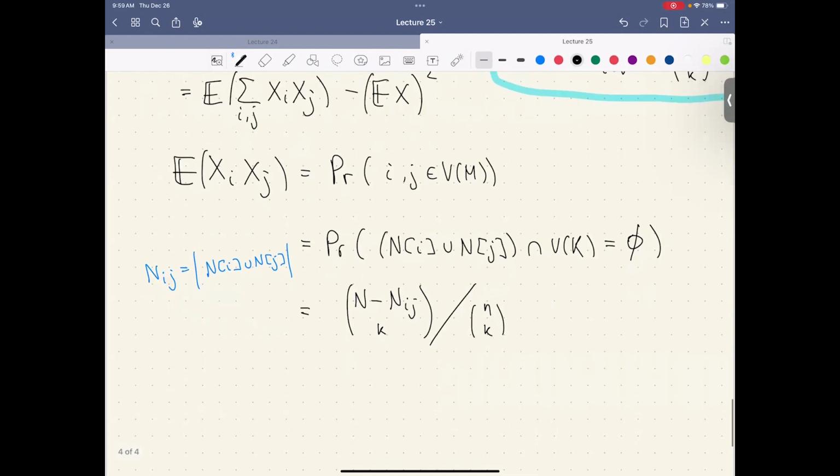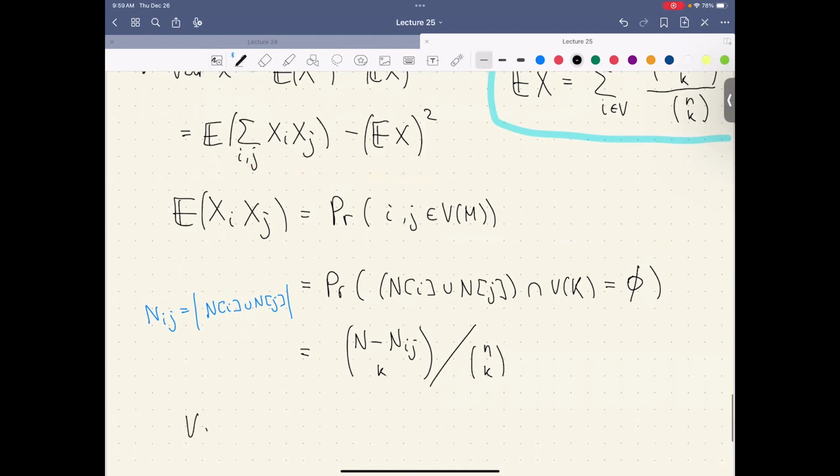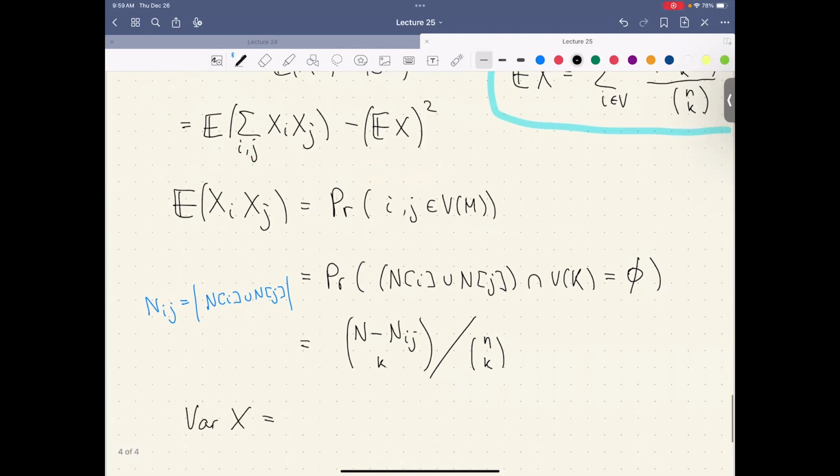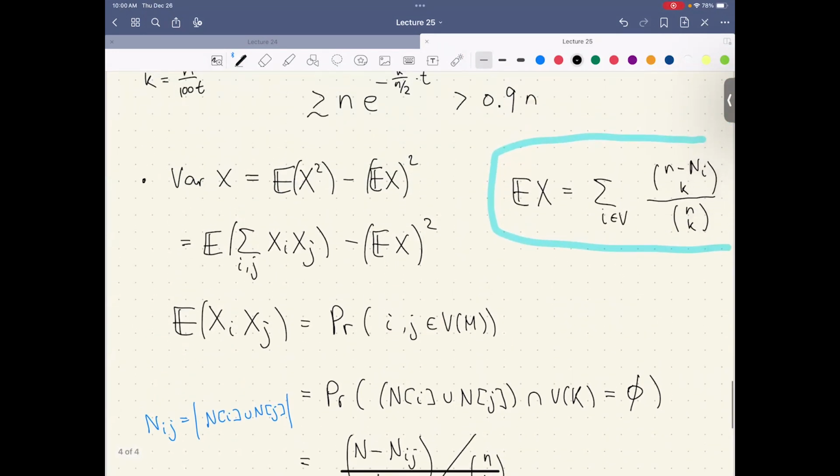So altogether, plugging this in, the variance of X equals the sum over all i, j of this probability inside, minus the expectation of X squared. This X squared means i, j: this times the same thing but with n_j here.